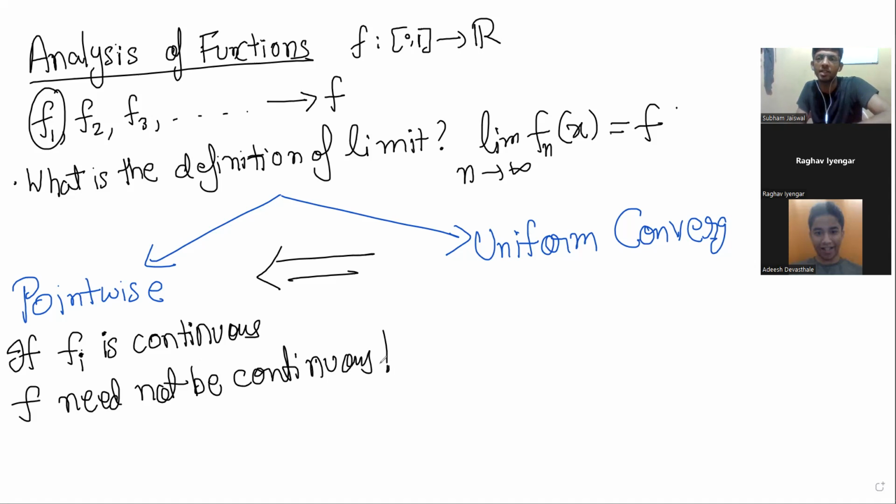Can any one of you give an example? This was a problem with pointwise convergence: you're taking a limit, but that limit exists and is not in the same class of continuous functions.